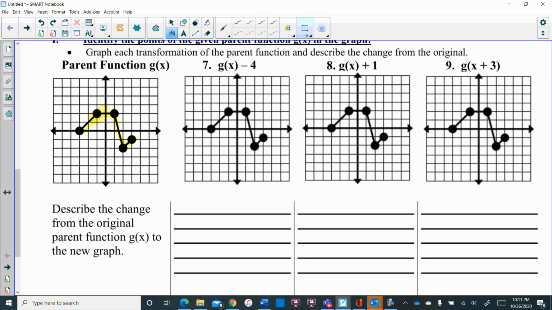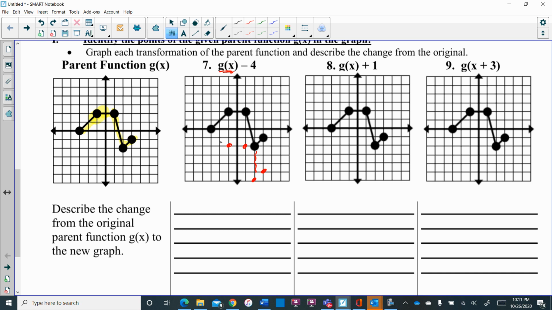So here, this parent function is now minus 4, okay? That means for each point, I need to count down 4. So here's that point, count down 1, 2, 3, 4. There's that point. That would end up being here.